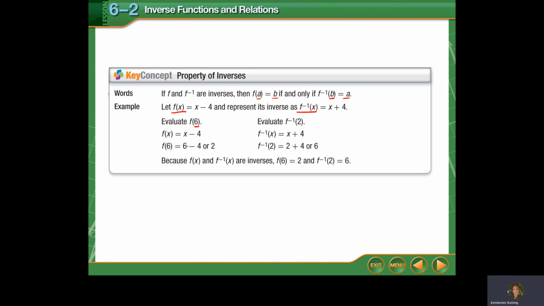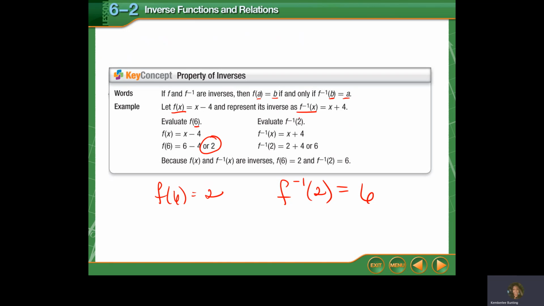When I plug in 6, I get 6 minus 4, or 2. If f(6) equals 2, that means if they are inverses, f inverse of 2 would have to be equal to what, y'all? Would have to be equal to 6, switching places.